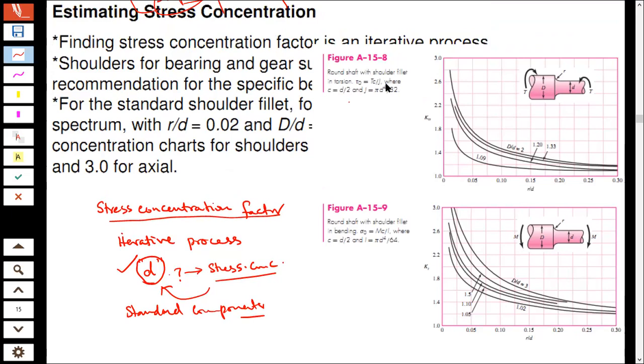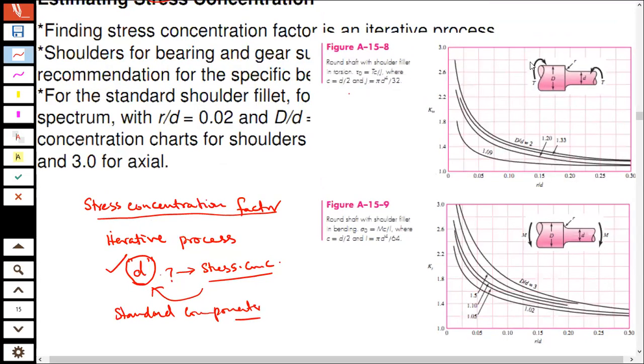And if you look over here to your right, you would see table A-15-8, and this gives you the round shaft with shoulder fillet.